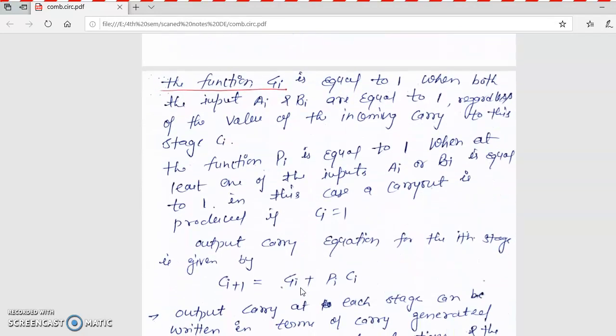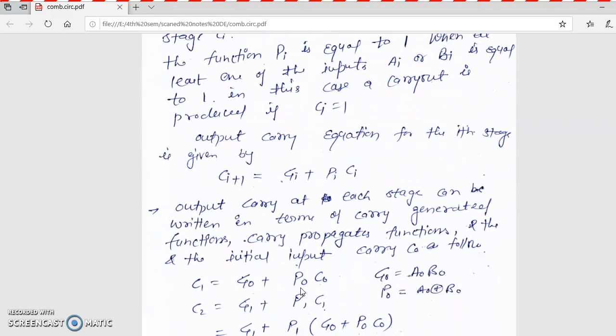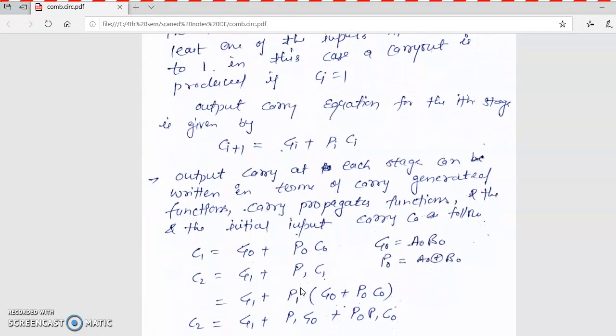The function Pi is equal to 1 when at least one of the inputs Ai or Bi is equal to 1, in which case the carry propagates corresponding to Ci equal to 1. The output carry of the ith stage is given by Gi plus Pi Ci, where Gi is equivalent to Ai Bi and Pi is Ai plus Bi.